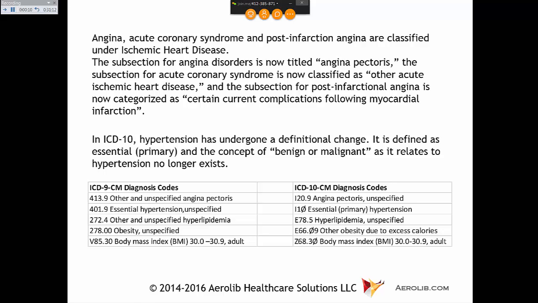And they've given us some ICD-9 to ICD-10 conversions in the diagnosis codes. So simply writing chest pain is not appropriate. You need to put in angina pectoris, essential hypertension, hyperlipidemia, obesity, and then the Z codes for BMI. And a lot of this the coders can do, but they can only pull from what the physicians documented.